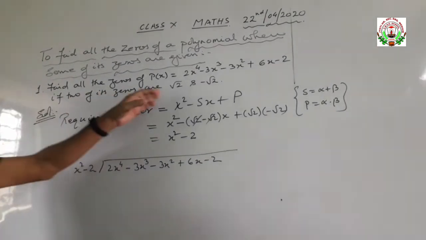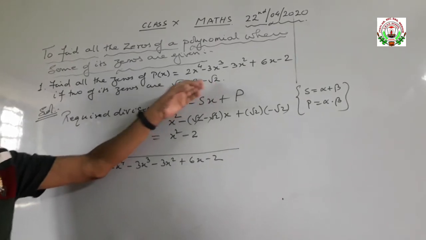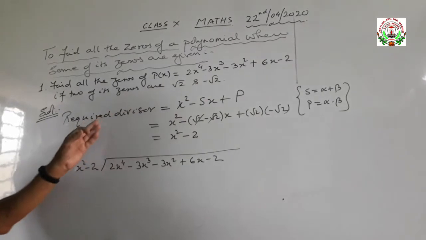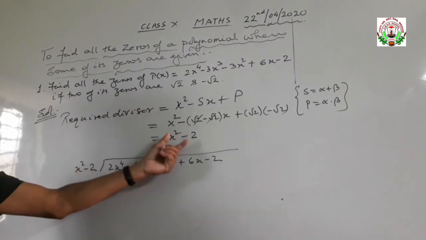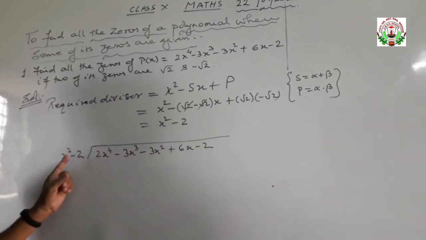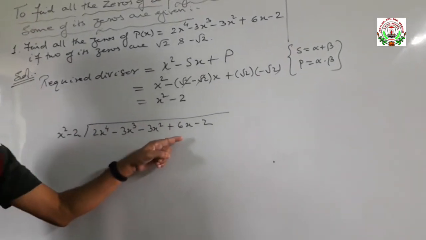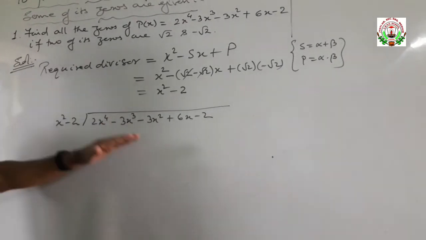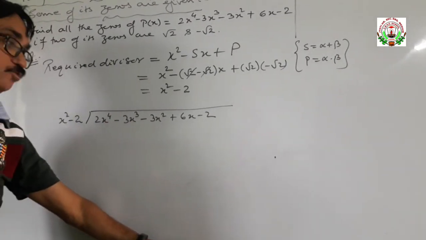Since root 2 and minus root 2 are the zeros, and with the help of these two zeros we have formed the divisor, this divisor will be 100% a factor of this biquadratic polynomial. It means that when we divide it, the remainder must be equal to 0.